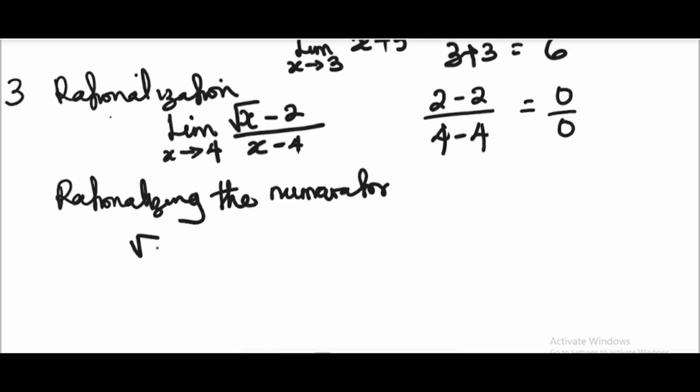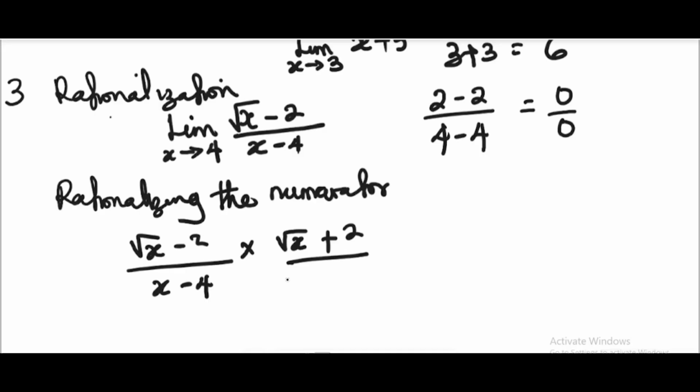So we'll have root x minus 2 over x minus 4 times root x plus 2. That's the conjugate of that numerator. Okay, so we cannot multiply only the numerator and leave the denominator. So whatever we do in the numerator, we do it for the denominator. They are in this together.